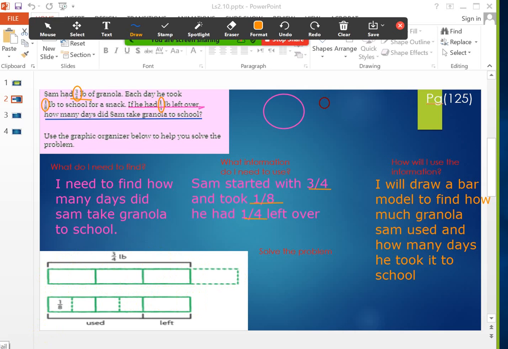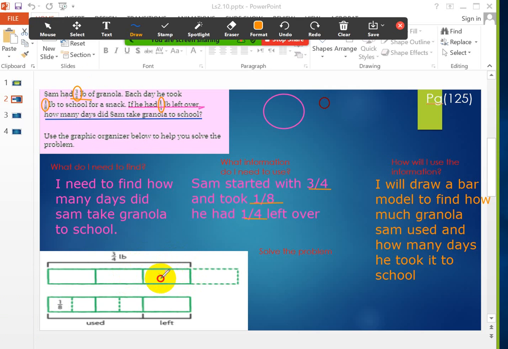But I want you to notice something: there is 1/4 left over from 3/4. That means Sam didn't use the whole 3/4. He told me that there is 1/4 left over.